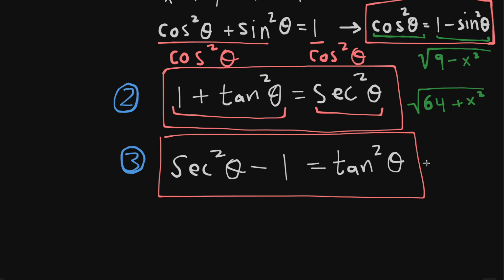And the last one would let you solve an integral that contains x squared minus some number squared. So in the next video, we will actually start applying these identities to solving integrals.